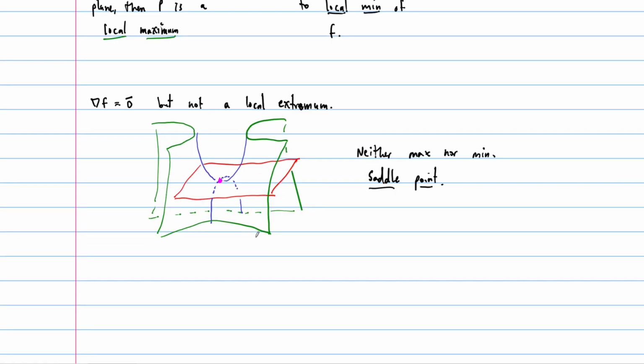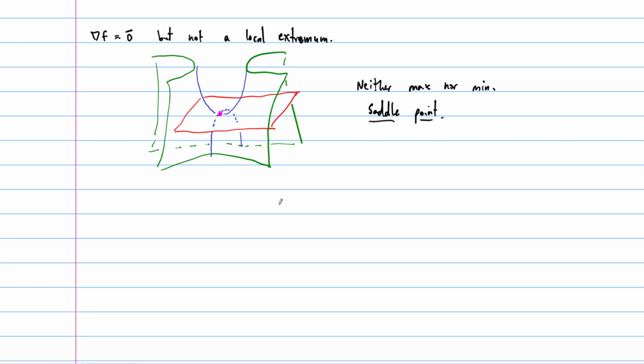Okay, so let's state an extension of Fermat's theorem. It's going to be exactly the same, but in this context of functions of more than one variable. So this is Fermat's theorem extended.